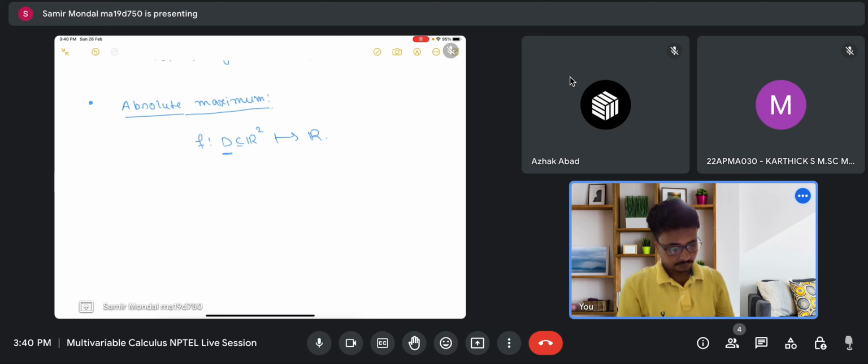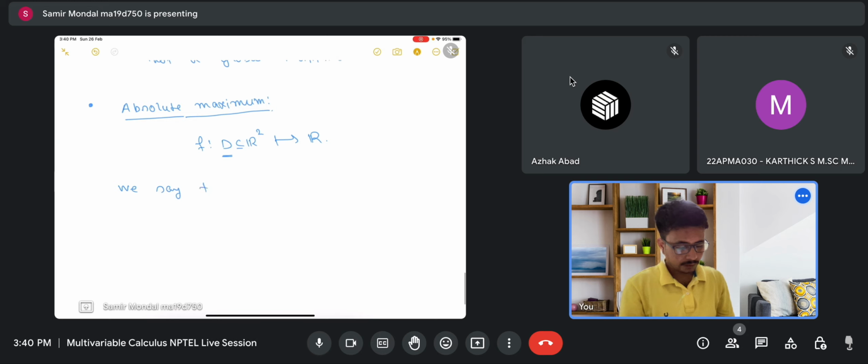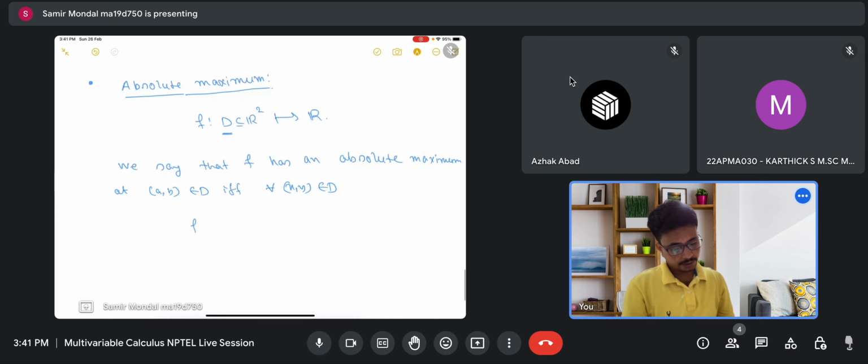Okay, means we say that f has an absolute maximum at (a, b) belonging to D if for all (x, y) belonging to D, your functional value has to satisfy this inequality.